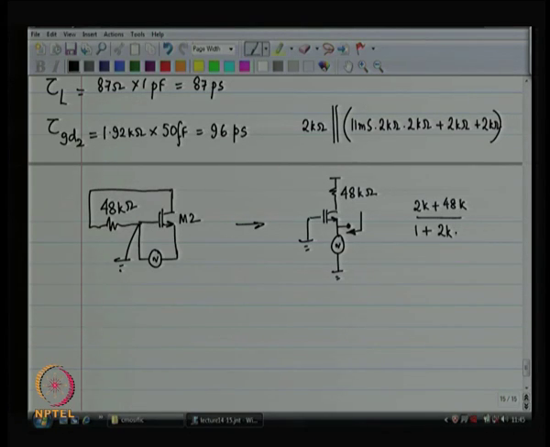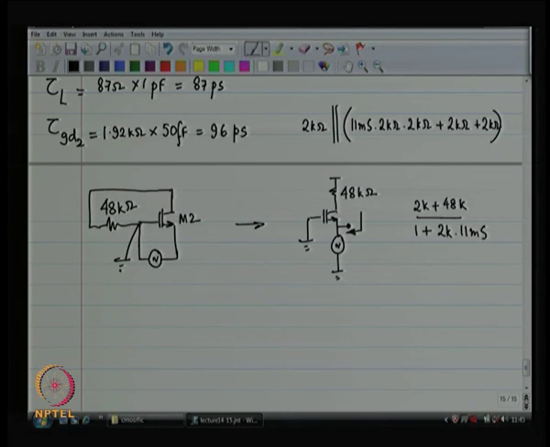GM is going to be the parallel of GM and GMB, because they are in shunt with each other in this particular case. Whenever the source is not ground, GM and GMB are really in shunt with each other, right. Body is at ground.